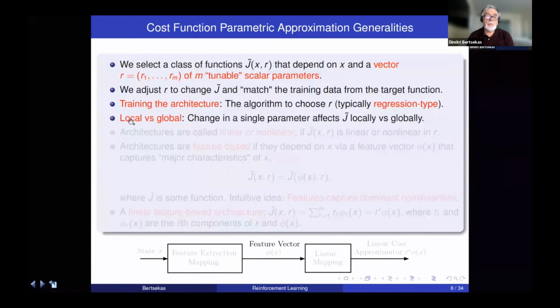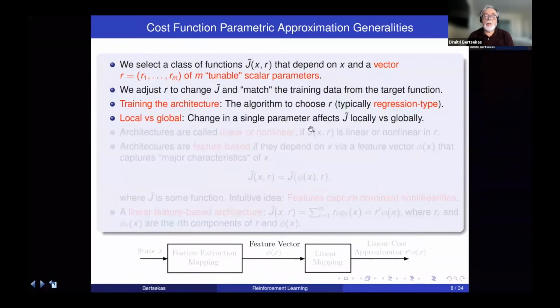Now, it's useful to classify different parametric architectures according to their properties, and one interesting property is whether the approximating architecture is local or global.